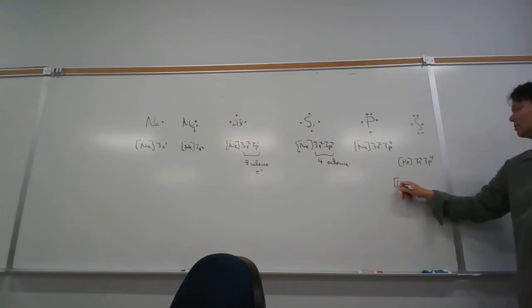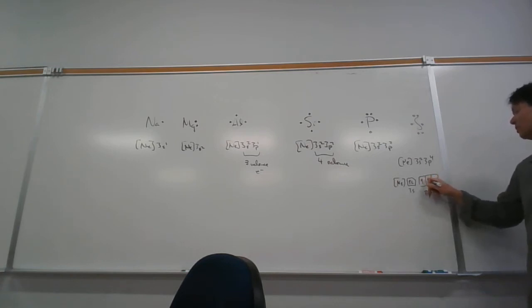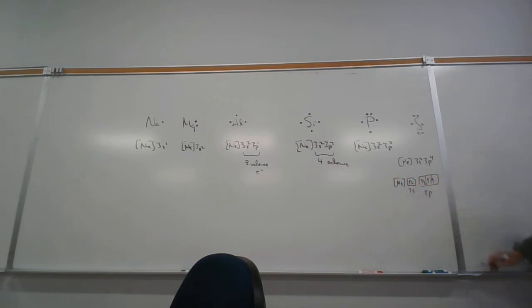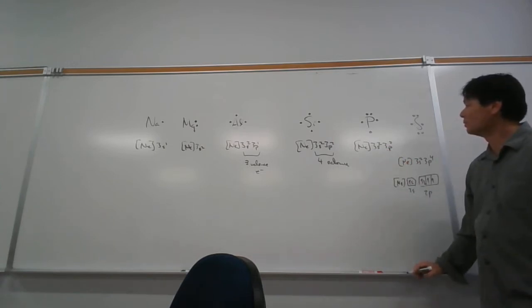If I looked at this in terms of the orbital box, I'm going to have a box for the 3s, and those are going to be paired. And then I'll have three boxes for the 3p. And I got four electrons, and here I only see, actually this one worked out, two paired and two singles, but it's not necessarily correlated. It just so happens to be here. Whereas in phosphorus, it was correlated.